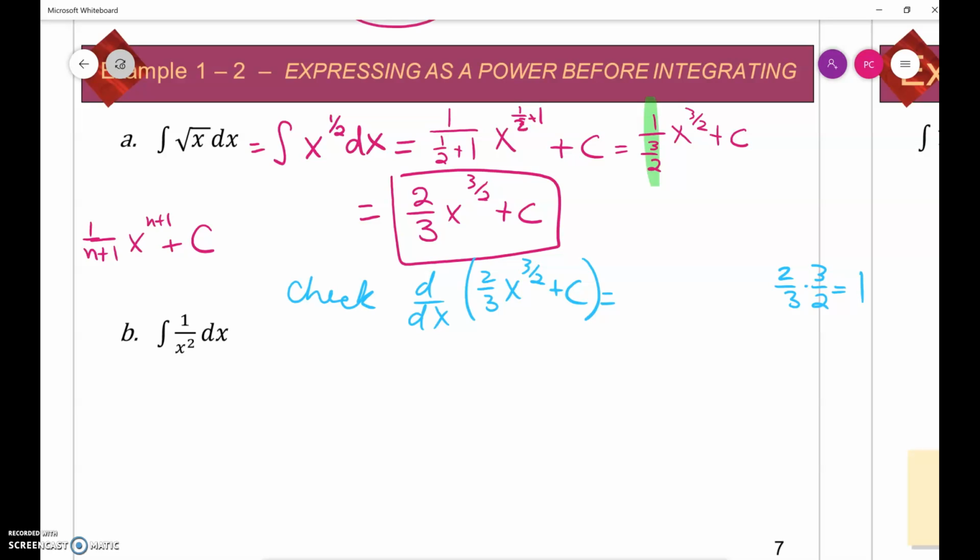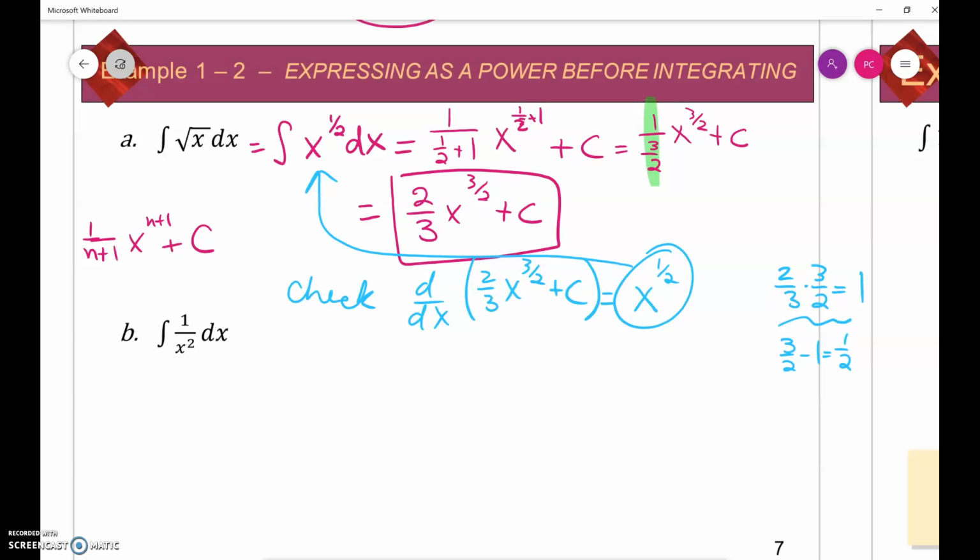So I have 1 x to the 1/2 power, because 3 over 2 minus 1 is 1/2. And the derivative of c is 0. This gave me what I started with. Therefore, I know I did it correctly. So you can check every single one of these.